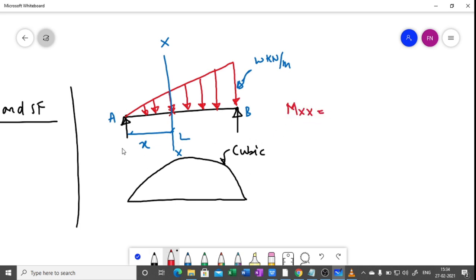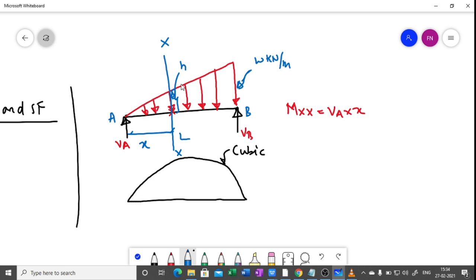Mxx equal to, here we are getting support reactions VA, VB, VA into x. We have to find this dimension, let's call it h.